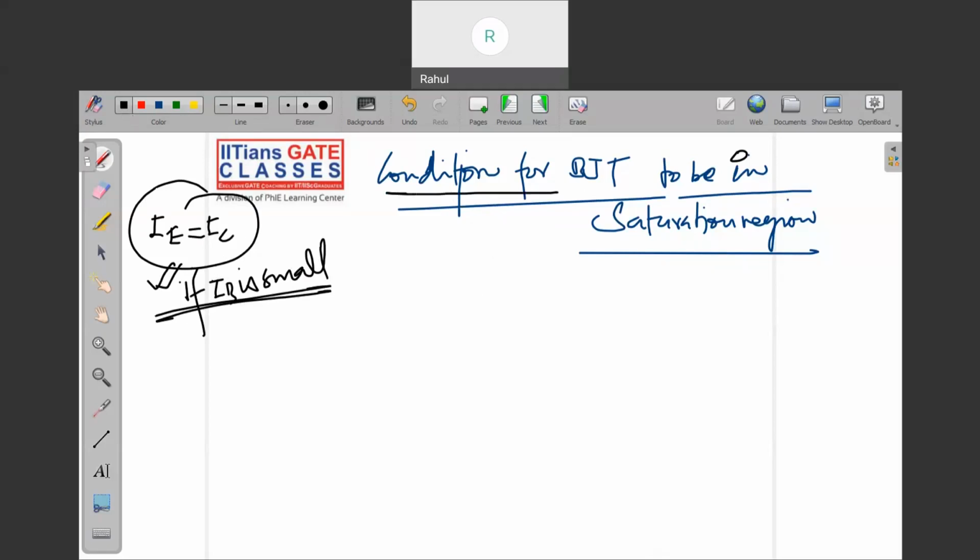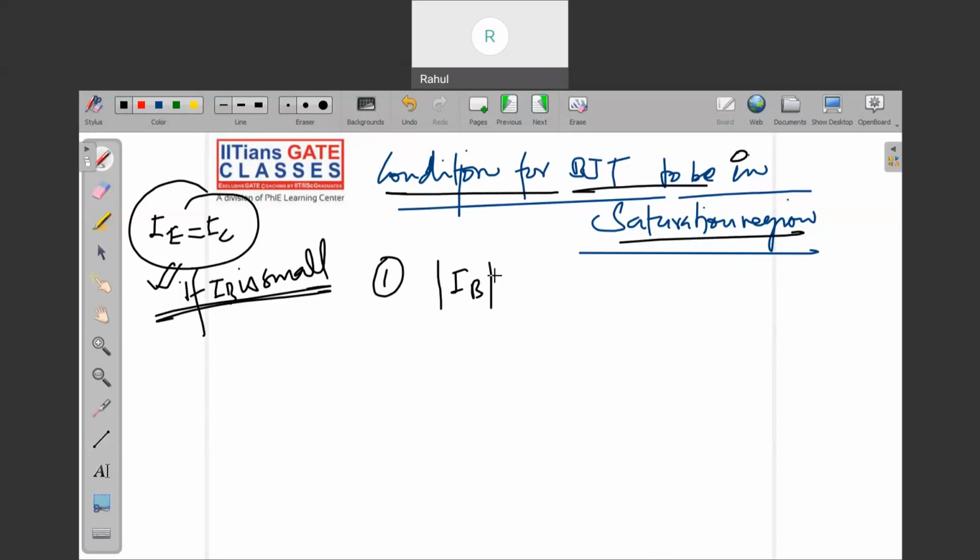So the condition for the bipolar junction to be in saturation is that your IB, the base current, is greater than IB active. I'm talking about the magnitude.